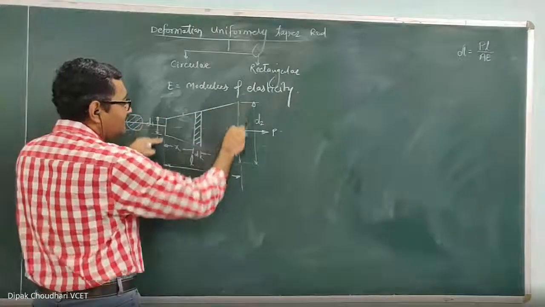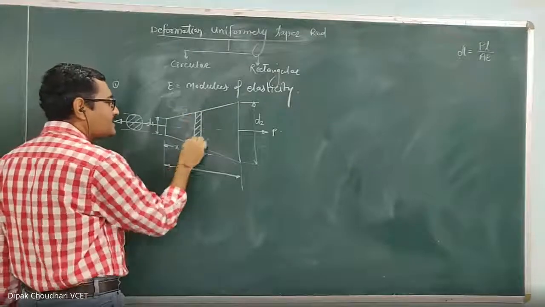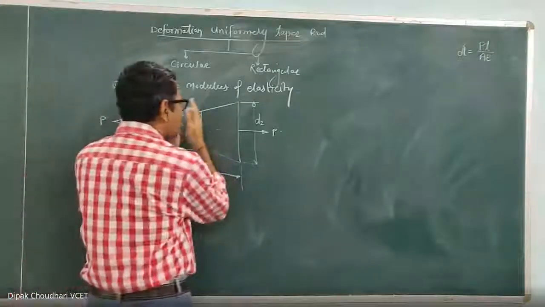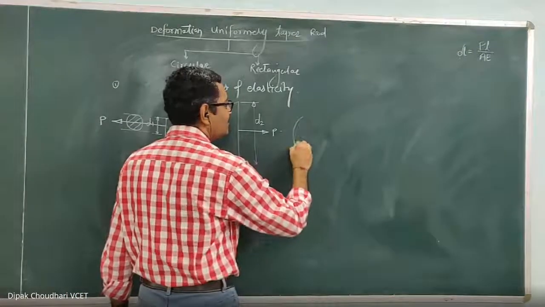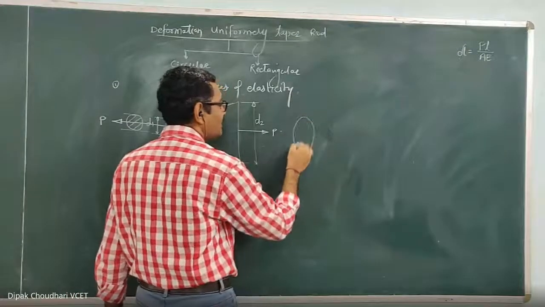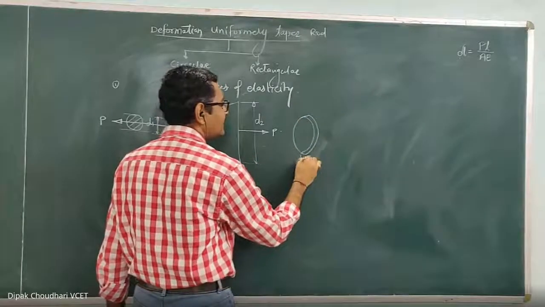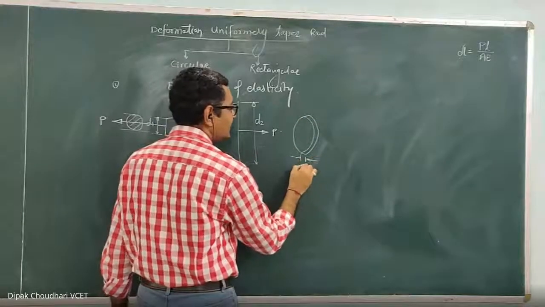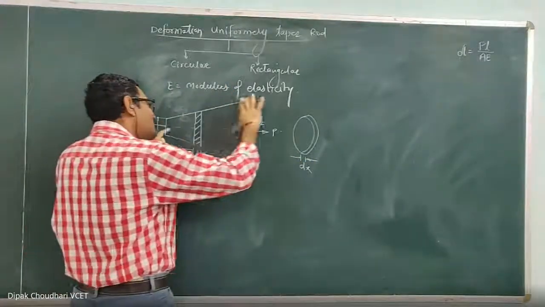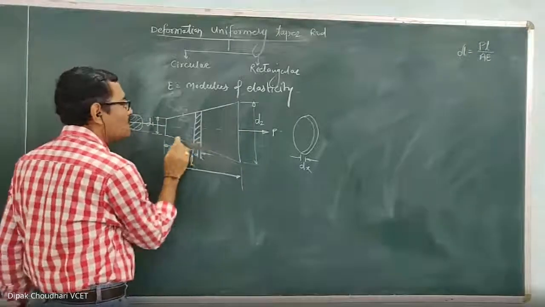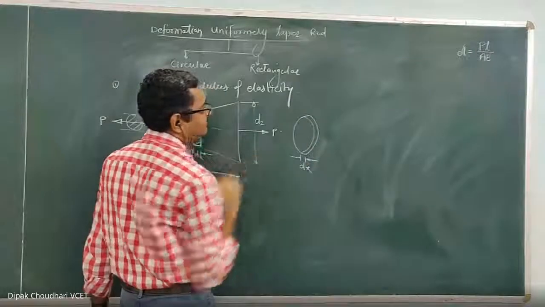Now, since this taper rod is subjected to an axial force P, if I consider a small part of this, it is a slice of that taper rod. If I show the three-dimensional view, the slice looks like this. This thickness is dx, and since it is a very small thickness, although the entire rod is tapered, this can be considered as a cylindrical disc.